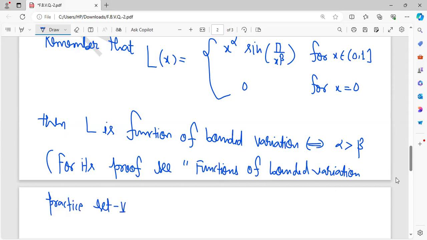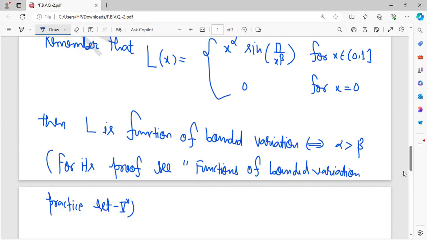I have made a lecture, practice set 5, on functions of bounded variation. For the proof that L is a function of bounded variation when α is greater than β, you see my playlist on functions of bounded variation, and then functions of bounded variation practice set 5. Then you will see that this function is a function of bounded variation when α is greater than β.